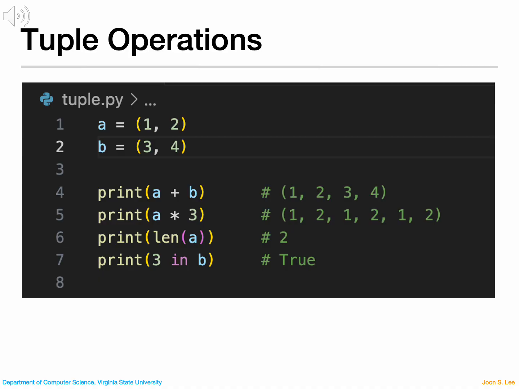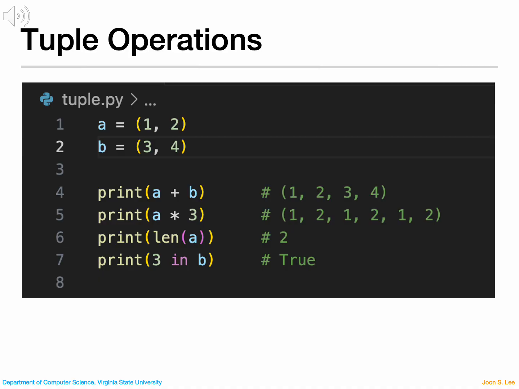The first operation, A + B, concatenates the 2 tuples, producing a new tuple, (1, 2, 3, 4). Notice that this doesn't modify A or B. It simply creates a brand new tuple combining both. Next, A*3 repeats the tuple 3 times, resulting in (1, 2, 1, 2, 1, 2). This is similar to multiplying a string by a number in Python.